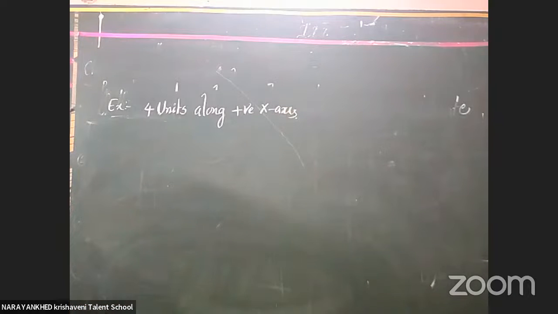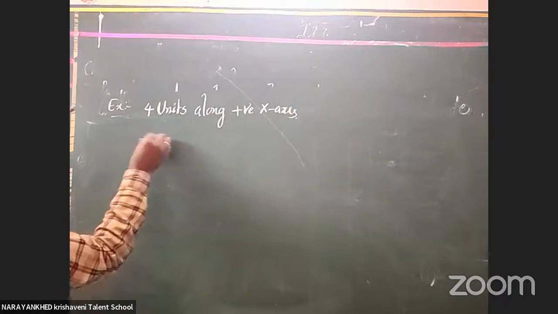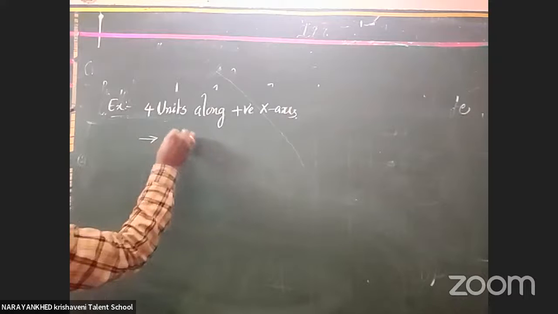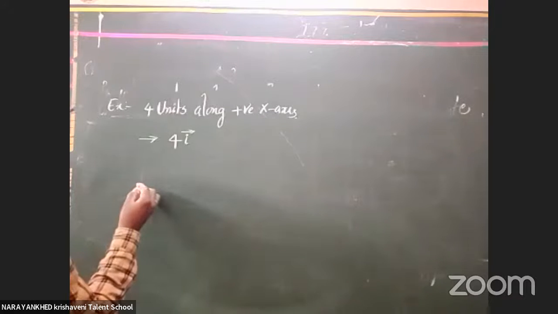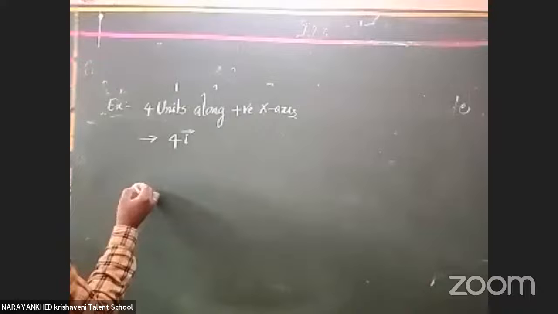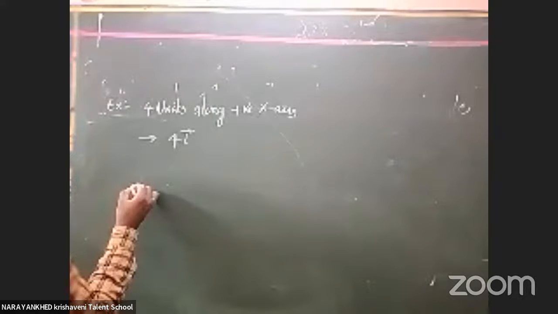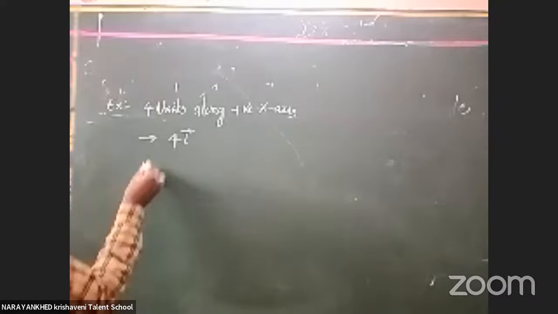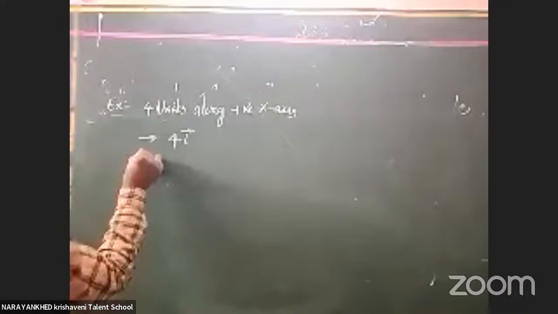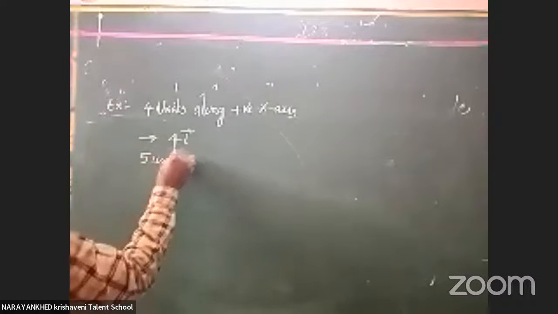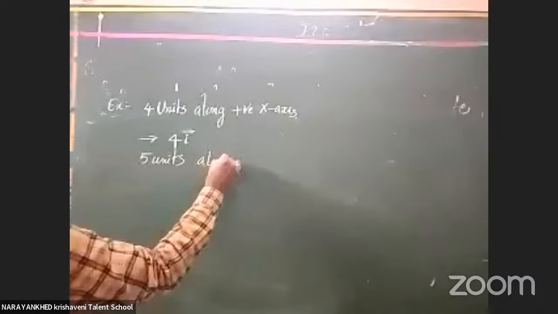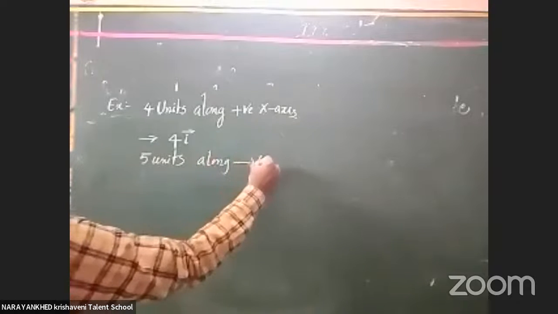What does 4 units along the positive x-axis become? Suppose the vector magnitude is 5 units but along the negative x-axis.